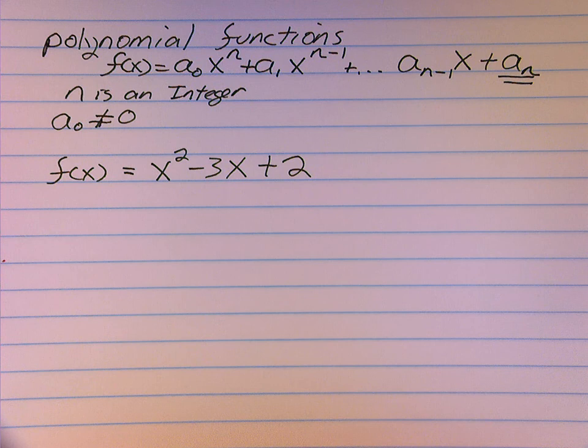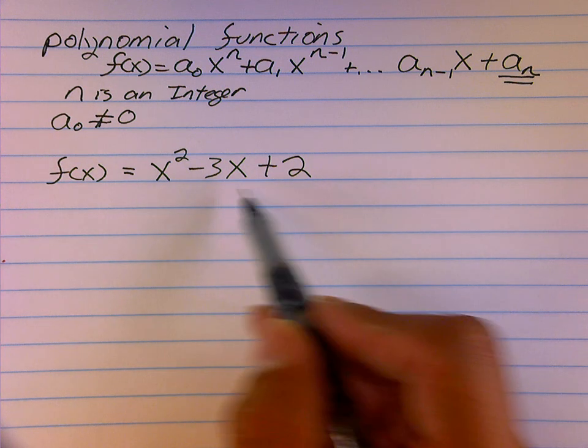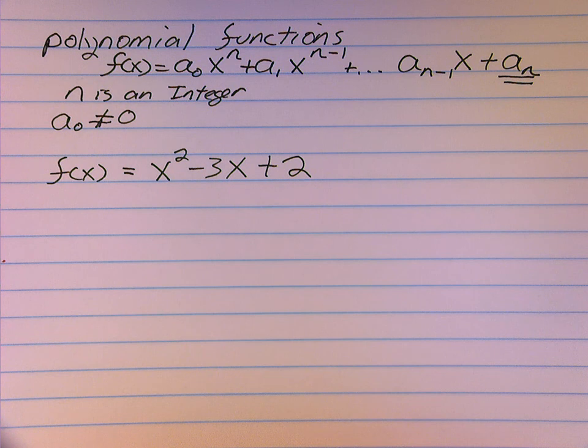This is a polynomial function. Poly means more than one. But for it to be a polynomial, every one of those terms is either a power function or a constant. Notice, this term is a power function, that term is a power function, this is a constant.